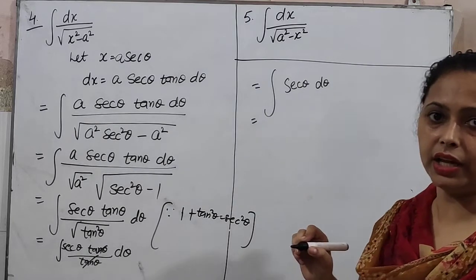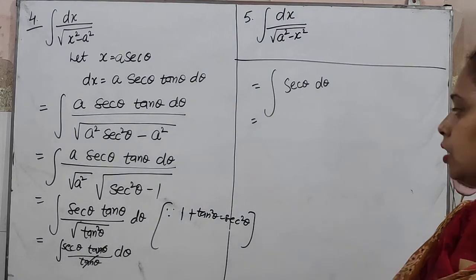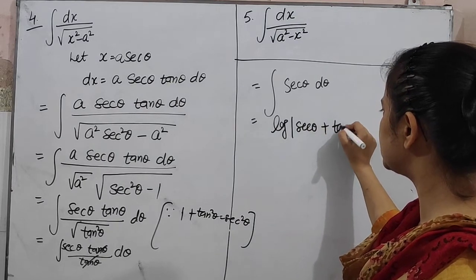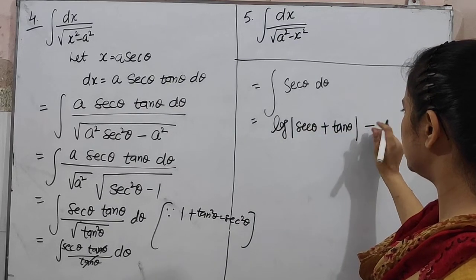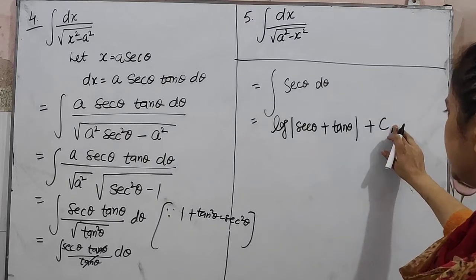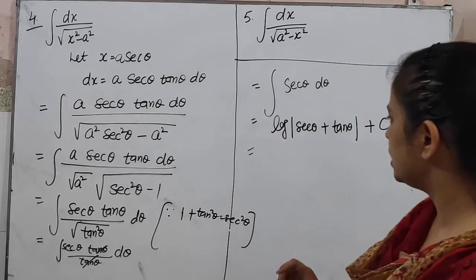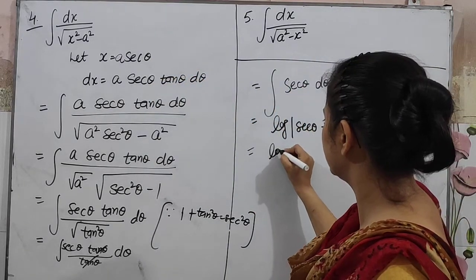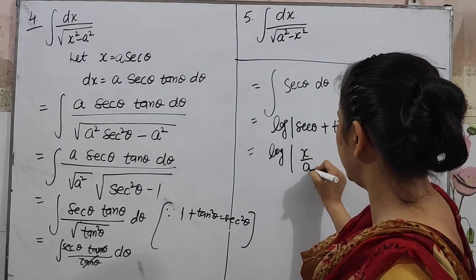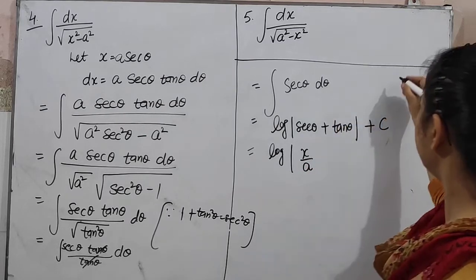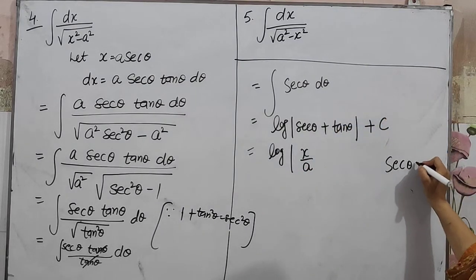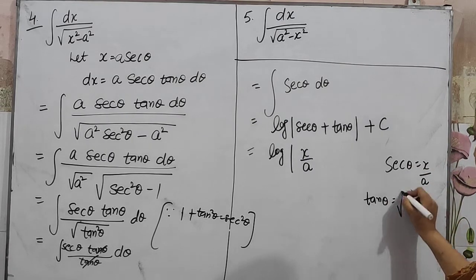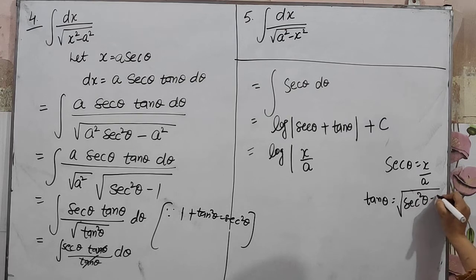Students, we have done that the integration of secant theta is log of secant theta plus tangent theta plus c, where c is the constant of integration. Now substitute the value: secant theta is x upon a. Tangent theta: if secant theta is x upon a, tangent theta will be equal to under root of secant square theta minus 1.